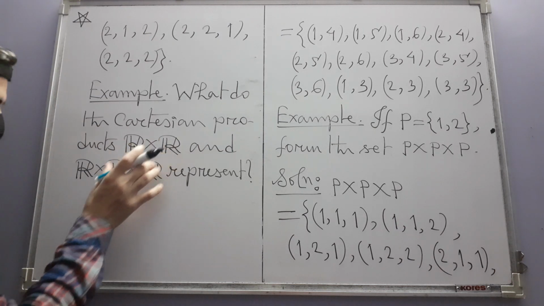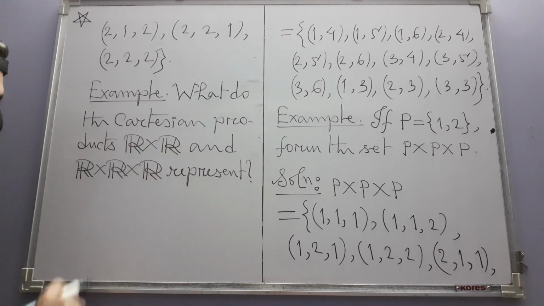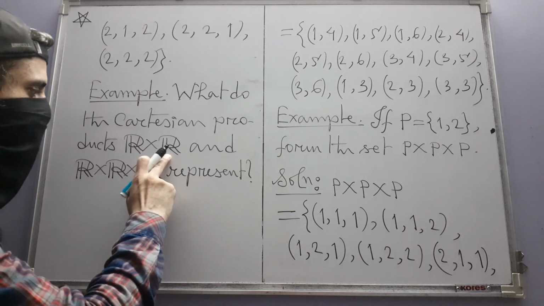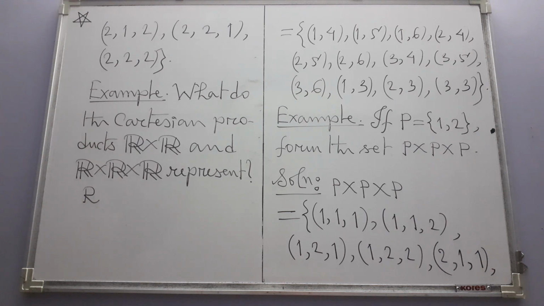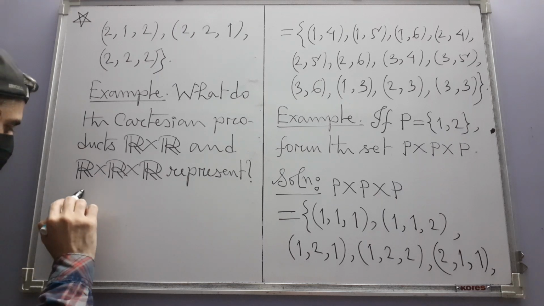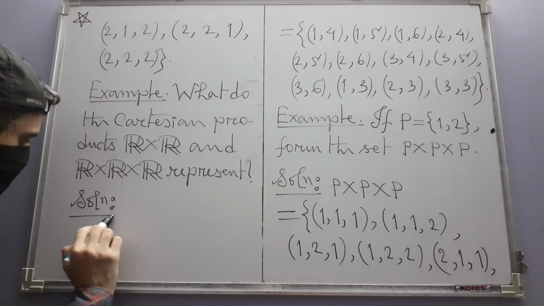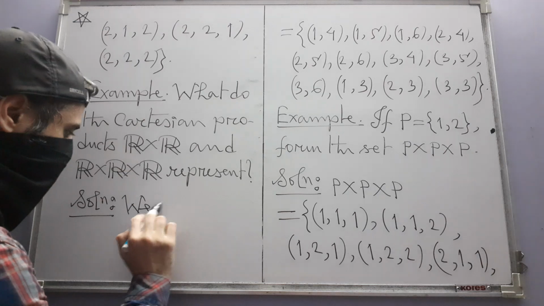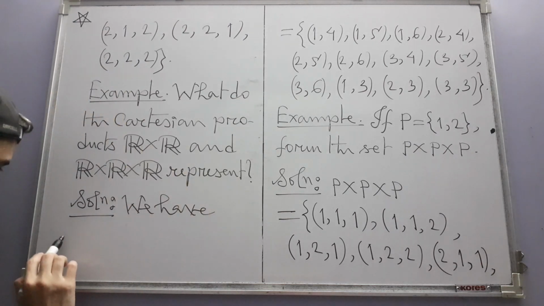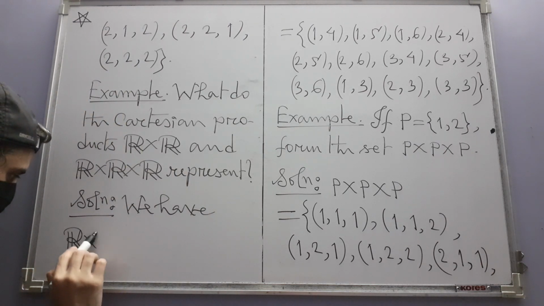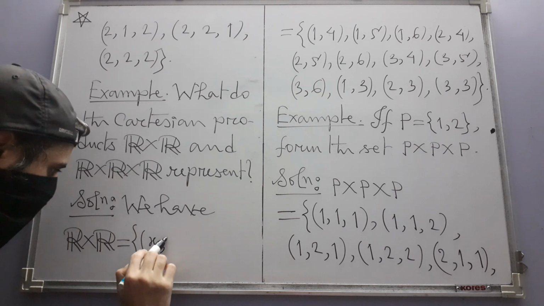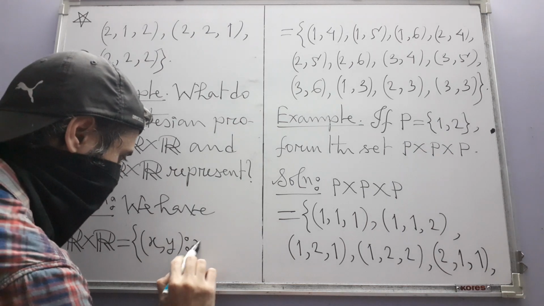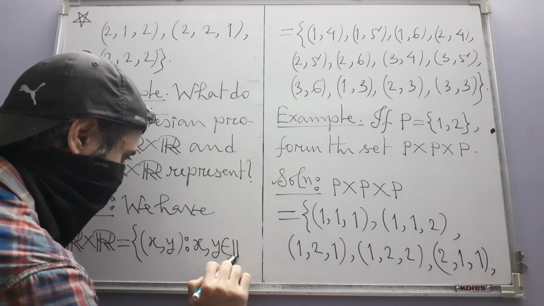I am writing this R, which looks quite complicated, but this is the standard symbol which denotes the set of real numbers. You just simply write R. We have the set of (x, y) such that x and y belong to R.